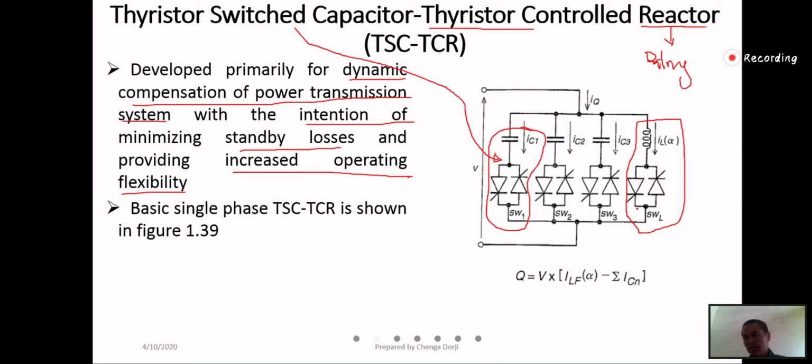Only the TCR will remain the same permanently here, the others will change. If it is a fixed capacitor, you will connect a fixed capacitor. If it is a mechanical switched capacitor, then you will connect one mechanical switch here.